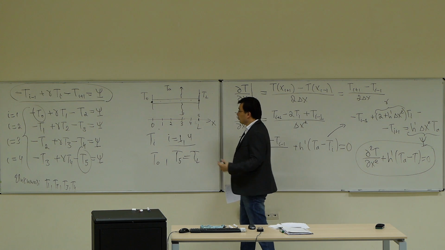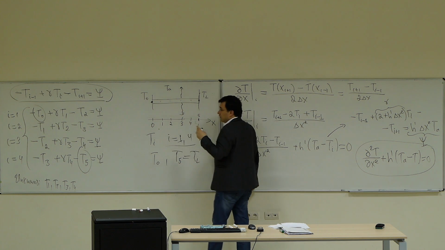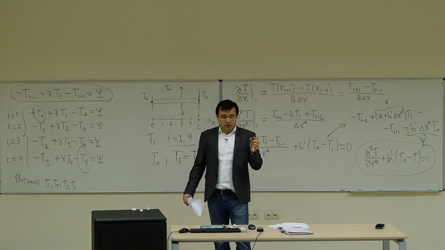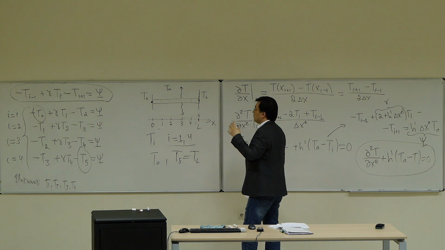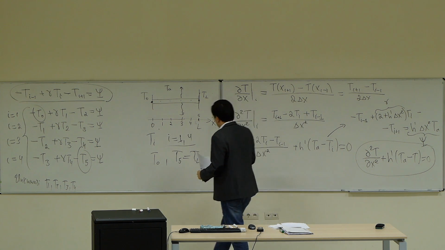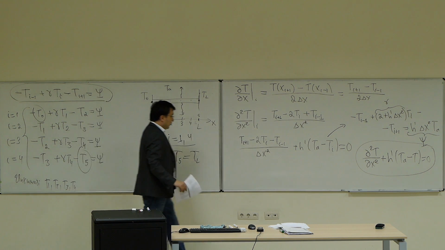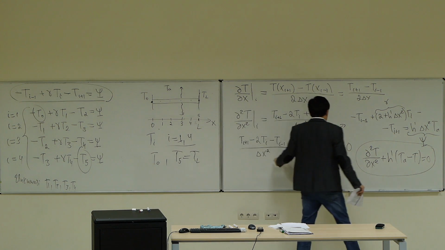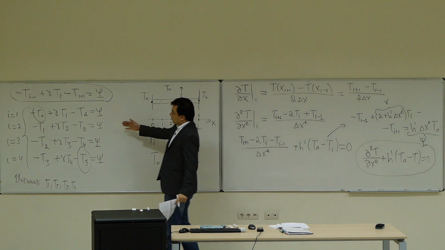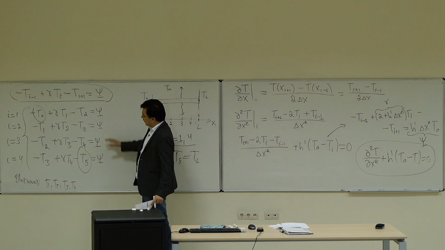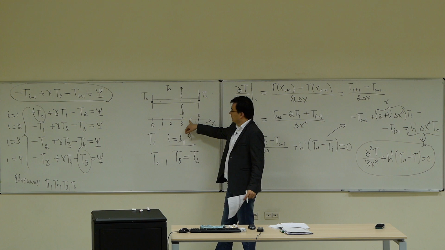If I want to have densely populated points so that I have temperature at more values of x, in other words, a more accurate result, I can take a smaller delta x, which means a larger number of points. In which case, I'll get a system which is larger too. The order of the system is equal to the number of interior points which I have here.